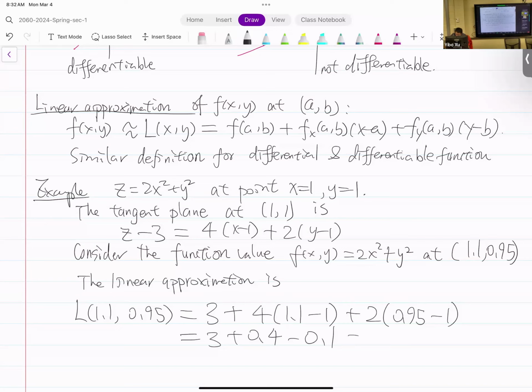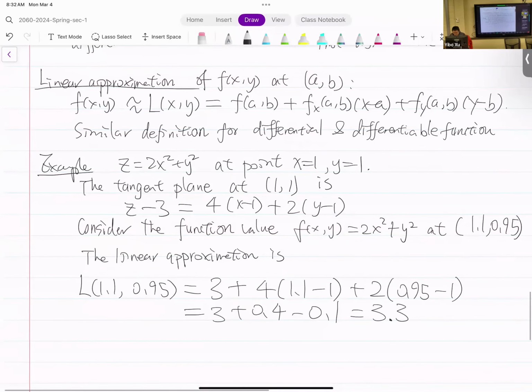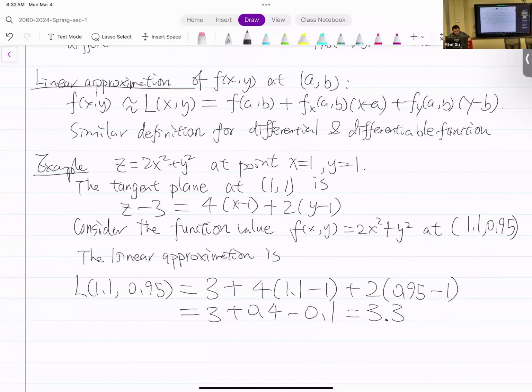Right? And essentially, we see that if we are approximating using a linear function, the output is like 0.3 units away from the original output. Now this is actually an approximation that's not so bad, because the true value, if you plug in 1.1 and 0.95 in the original function, is pretty close to this value.